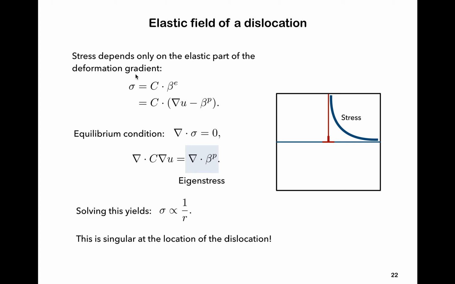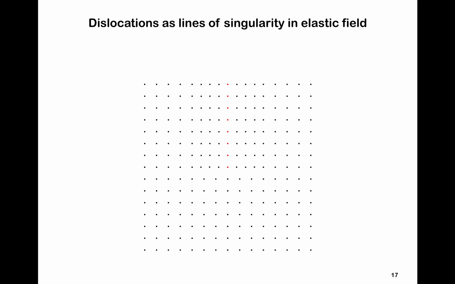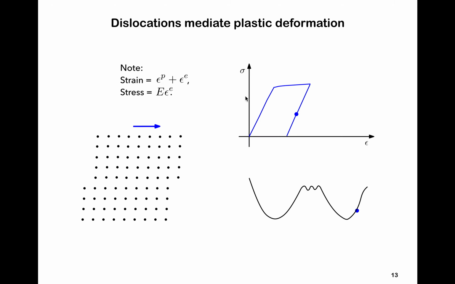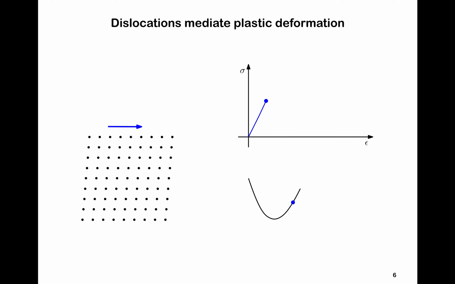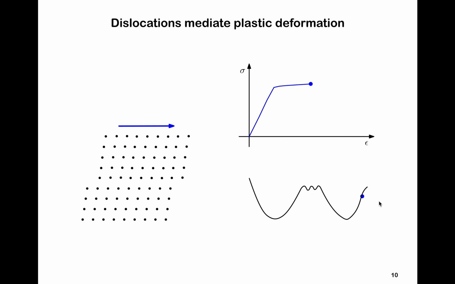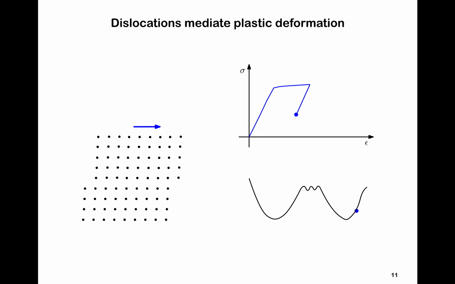We know that the stress depends only on the elastic part of the strain gradient. Why is that? Go back to our example here. Once the system jumps into a new energy well, this being the initial energy well, after plastic deformation it has jumped into a new energy well. The total strain is the sum of the elastic strain and plastic strain, but the total stress is only caused by this change.